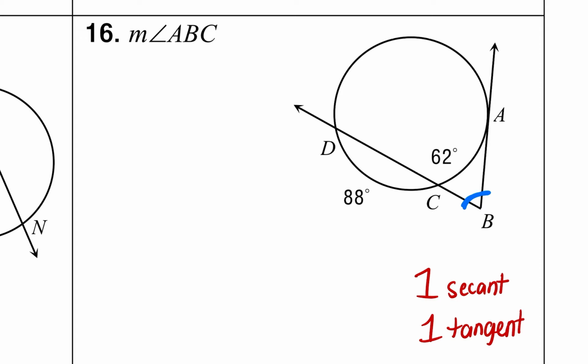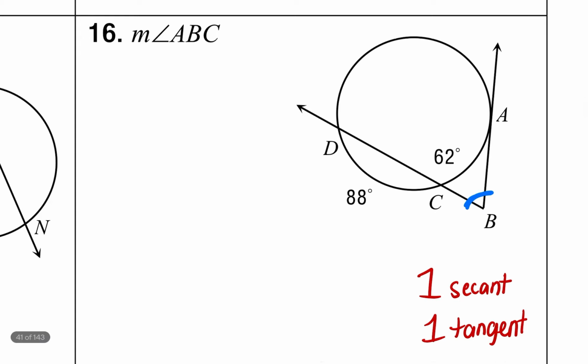And if you remember earlier, first of all, we're going to call that X. In order to get that angle, you're going to need to take a half of the larger arc between the two lines, which is going to be arc AD, minus the smaller arc that is between the two lines, arc AC.